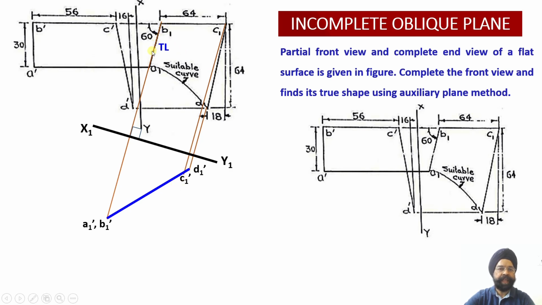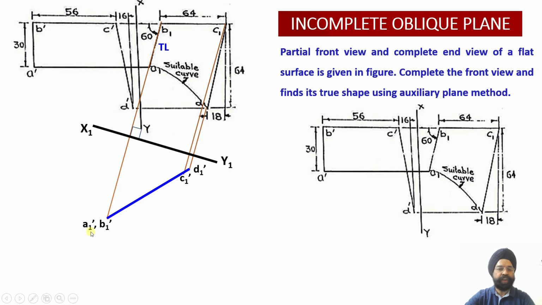Similarly A and B, this is my projector line, but the distance of A dash and B dash from the XY reference line will be equal. Why is this equal? Because A dash B dash happens to be parallel to the XY reference line. So whatever distance I measure using my compass or the divider, the same distance I am going to transfer over here.